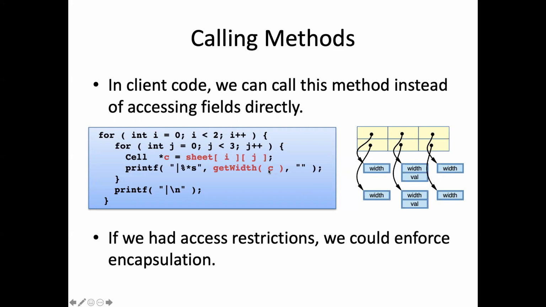We can't force encapsulation. In Java and in other object-oriented languages, we typically have attributes like public and private and protected that the compiler tries to respect to prevent us from being able to access stuff we shouldn't. In C, we're not going to get stuff like that.